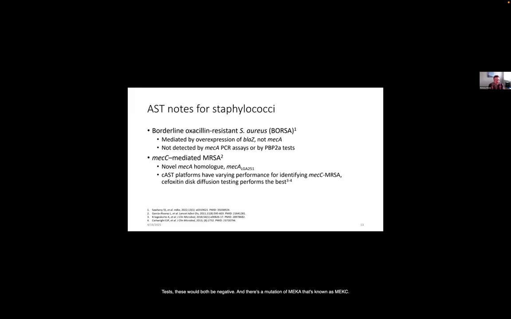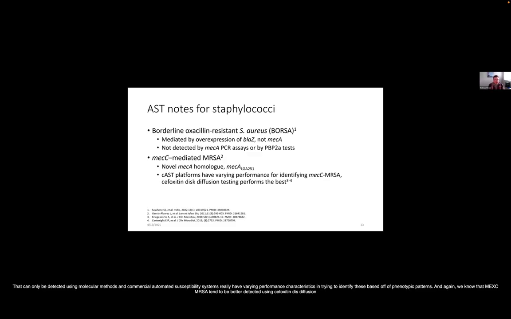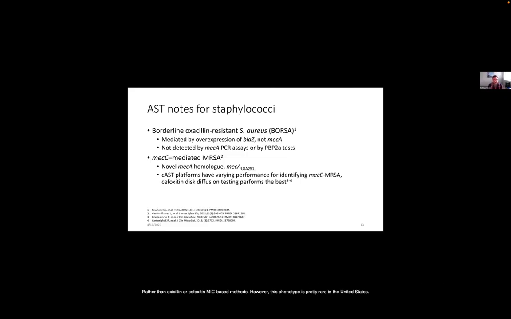And there's a mutation of mecA known as mecC that can only be detected using molecular methods, and commercial automated susceptibility systems have varying performance characteristics in trying to identify these based off of phenotypic patterns. We know that mecC MRSA tend to be better detected using cefoxitin disk diffusion rather than oxacillin or cefoxitin MIC-based methods. However, this phenotype is pretty rare in the United States.